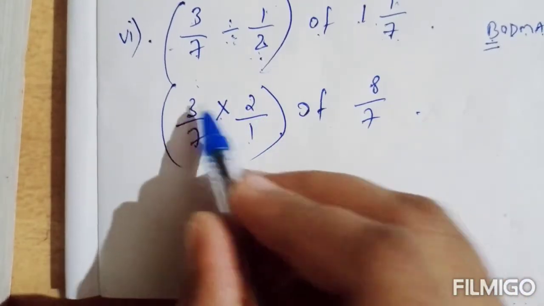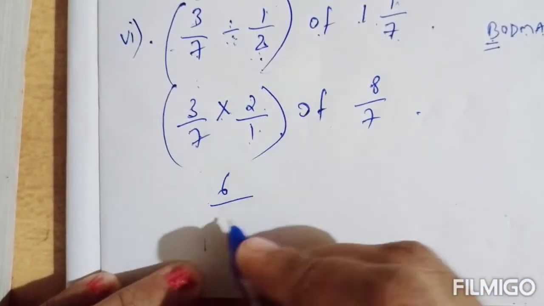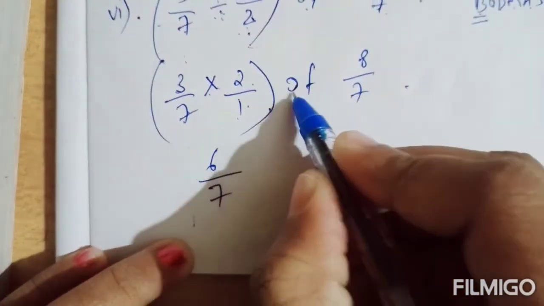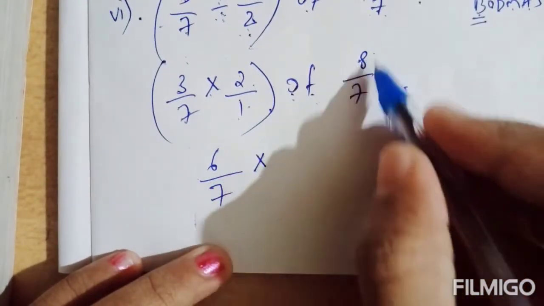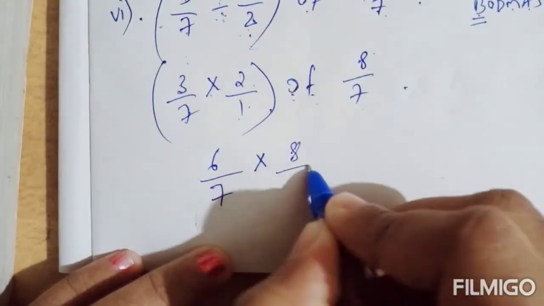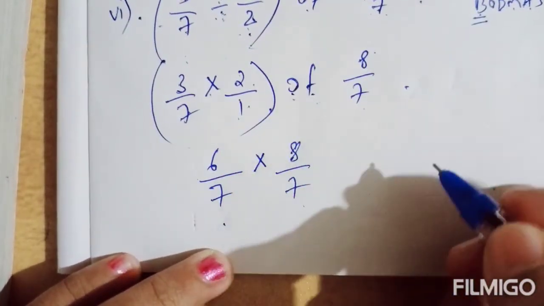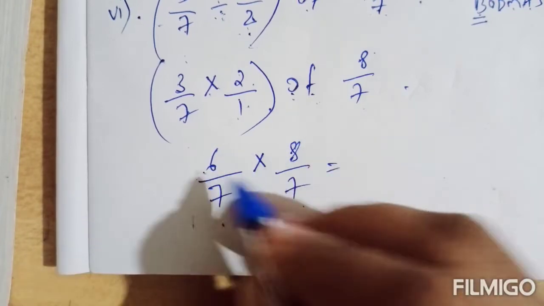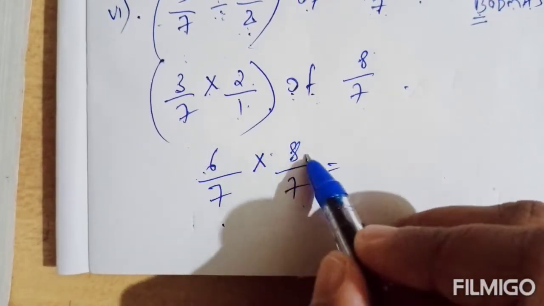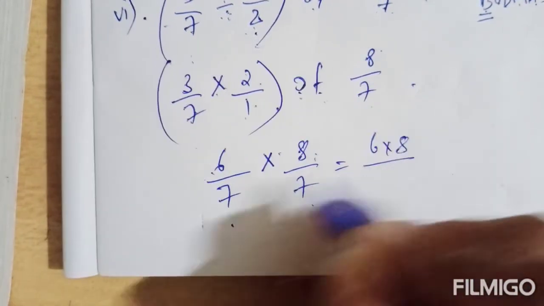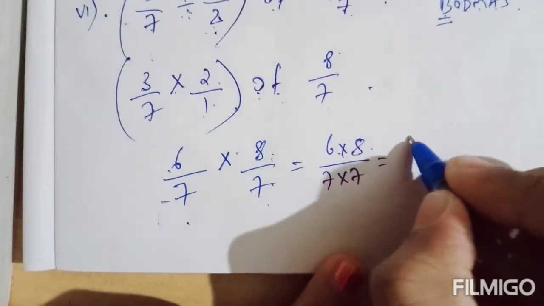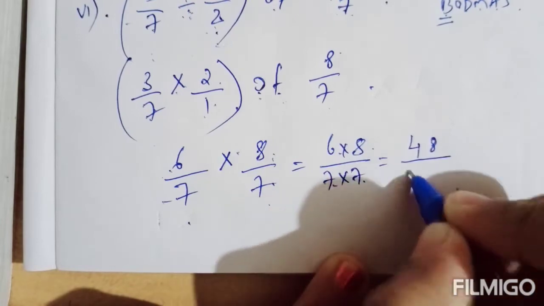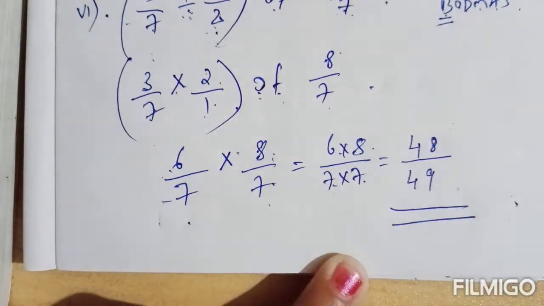You can multiply. 3 into 2 6 by 7 into 1 7. 6 by 7 of. Of means it is multiplication only. Of 8 by 7. So 6 by 7 into 8 by 7. Finding the product, what you will get? 6 into 8 by 7 into 7. 6 into 8 48 by 7 into 7 49. So this will be the answer.